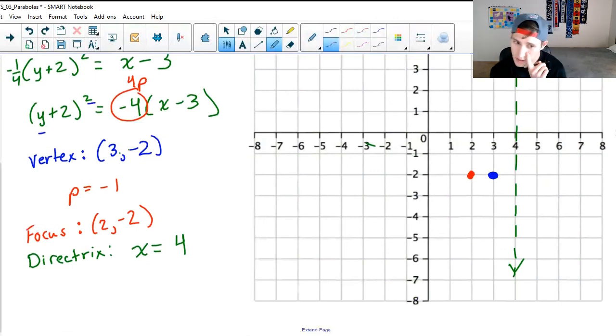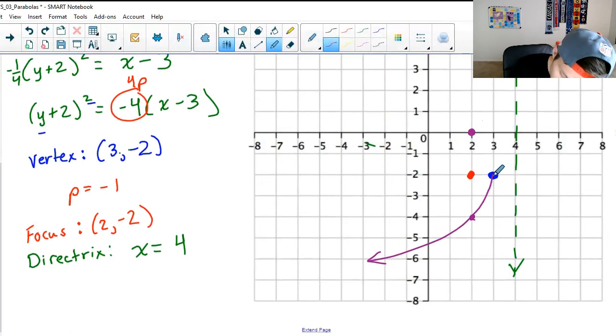Once we have those, we just need to find 2 other points. Right, so p is negative 1, so we go 2 times p in either direction around the focus. But now I'm not going to go left or right from the focus, because this parabola should be opening to the left, so I'm going to go up or down from the focus. So 2 times negative 1 is negative 2. All right, so I can go down 2 and up 2. So here are my other 2 points.